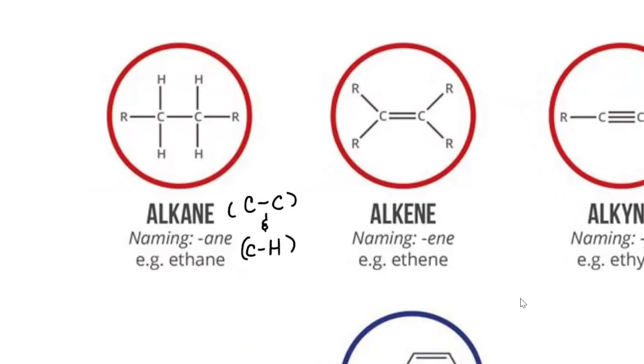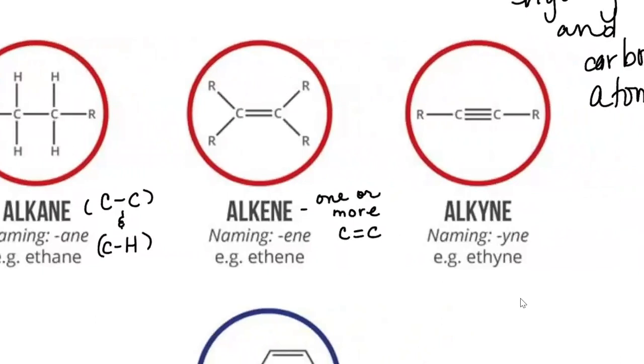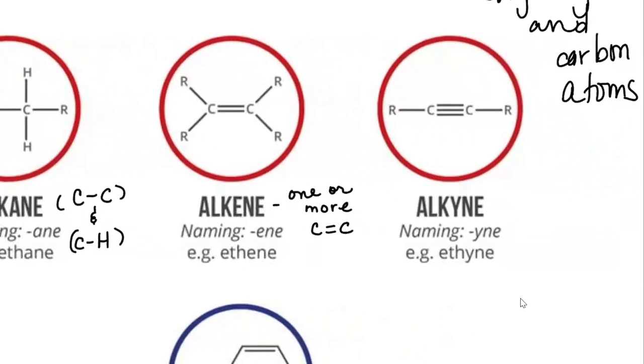Then we have an alkene. An alkene is going to have one or more carbon-carbon double bonds. Then we have an alkyne. In an alkyne, we're going to have one or more carbon-carbon triple bonds.